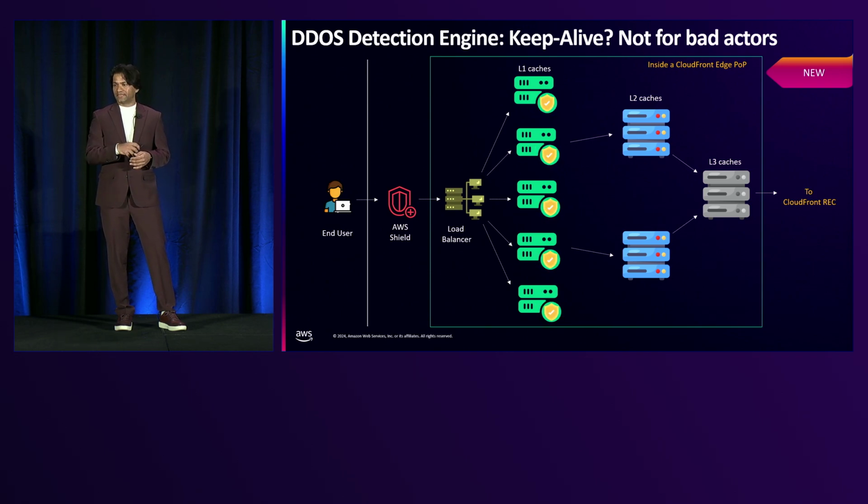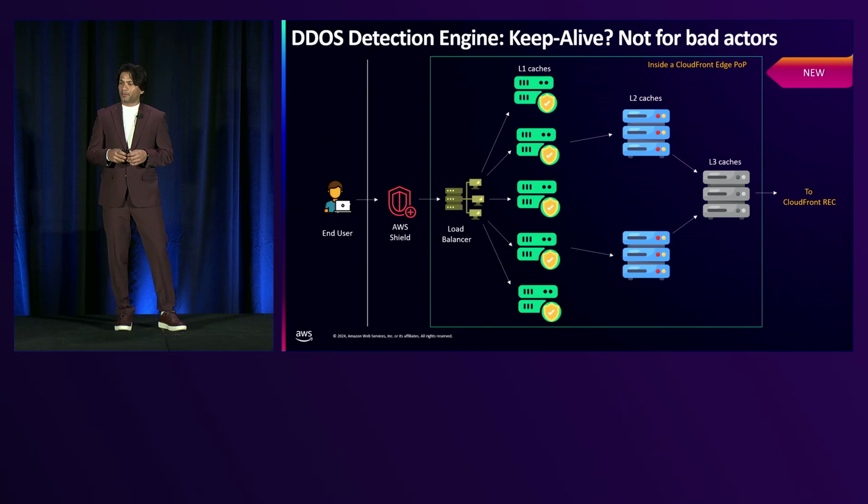Once the request reaches L1, the TCP connection is terminated and the TLS session is established. At this point, our DDoS detection engine, which is embedded on every L1 server, comes into play. As the POP processes the traffic, the engine is actively scanning it. It uses advanced techniques like anomaly detection, request fingerprinting, and signature analysis to spot any unusual patterns.